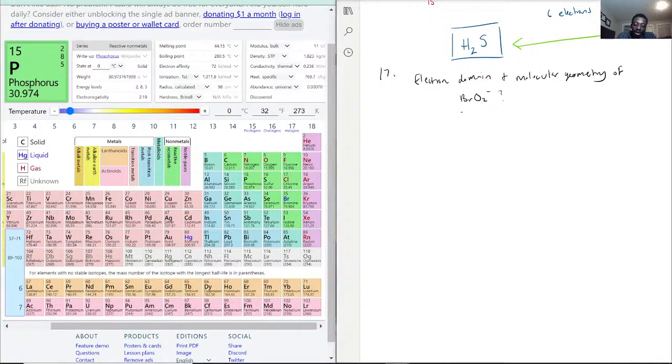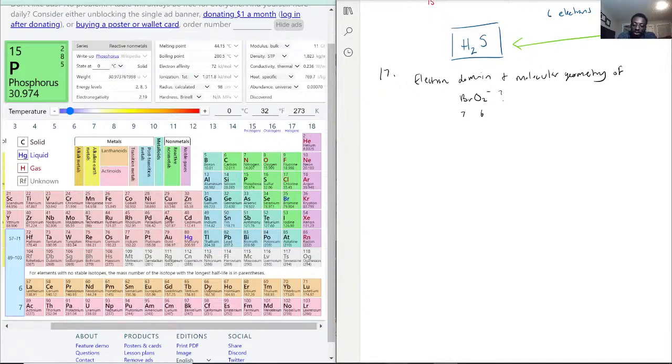So bromine has 7 valence electrons based on the fact that it's on the 17th column. You can also show it based on its electron configuration: you end up with 4s2, 4p5, which adds up to 7. Oxygen is 2s2, 2p4, and it's on the 16th column, so it's 6.